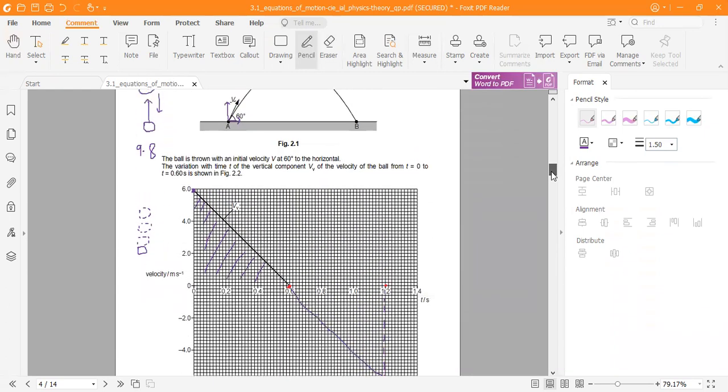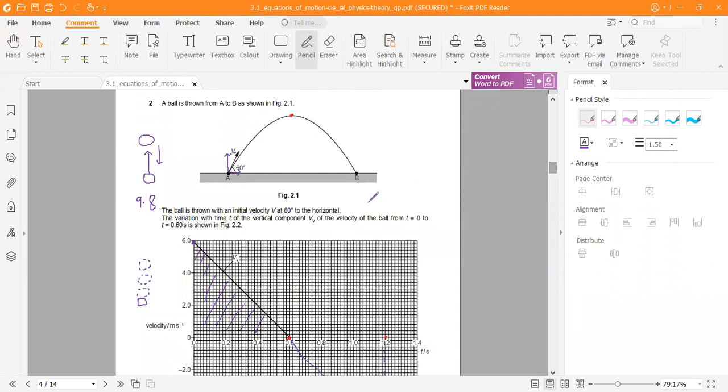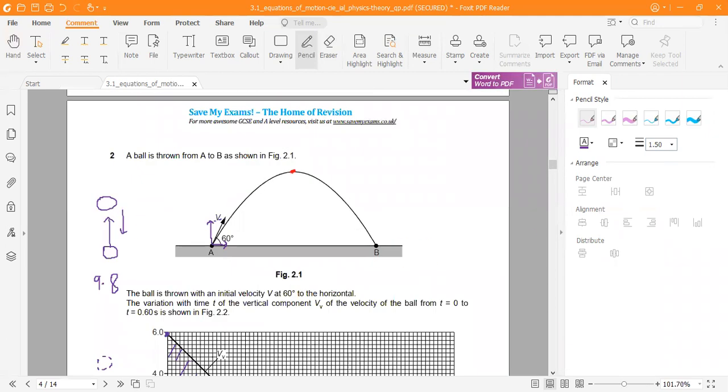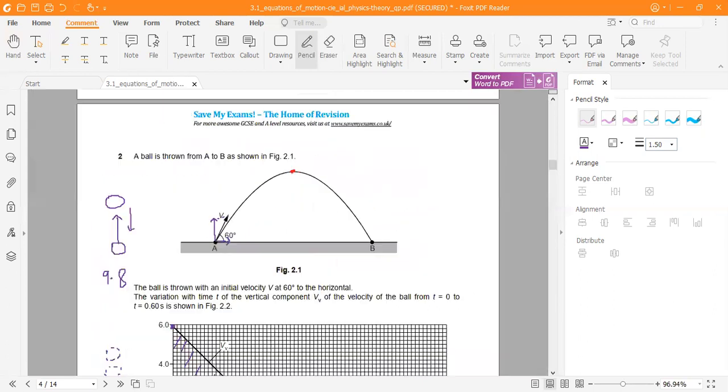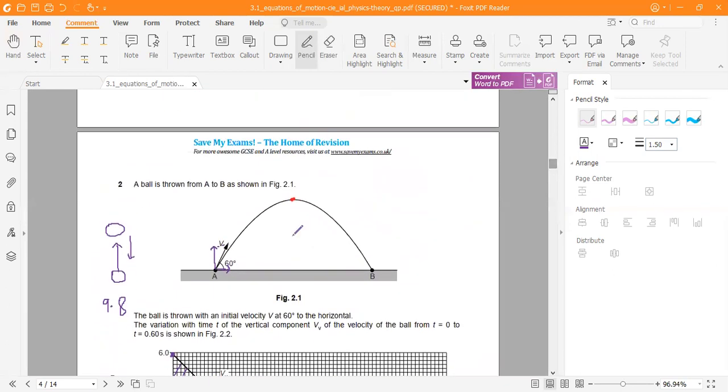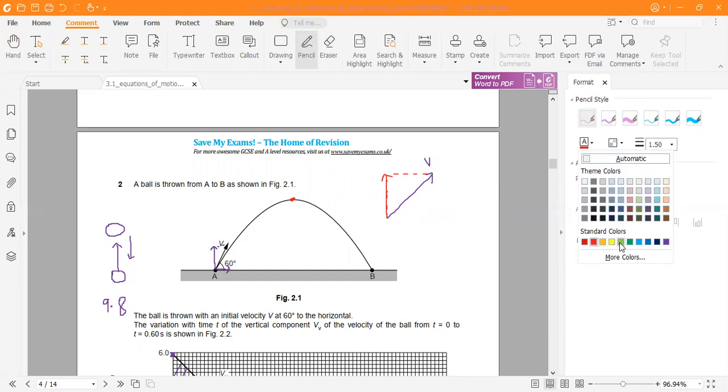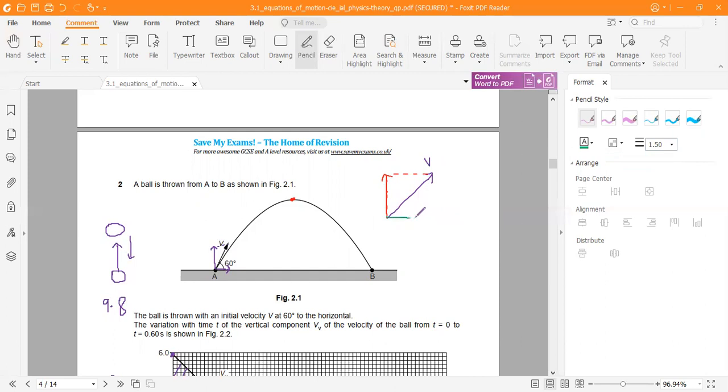Now we know that if you are looking at this initial position, this is your vector v, like this, and this is your vertical component, and this part over here is your horizontal component.